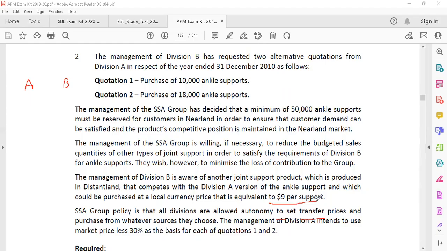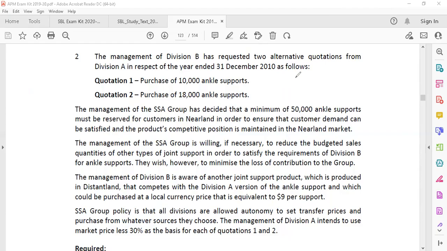SSA group policy is that all divisions are allowed autonomy to set transfer prices and purchase from whatever sources they choose. So Division A can decide what they want to do, and B can also decide. There is no compulsion from top management or anyone. They have the autonomy to decide what they want to take up.